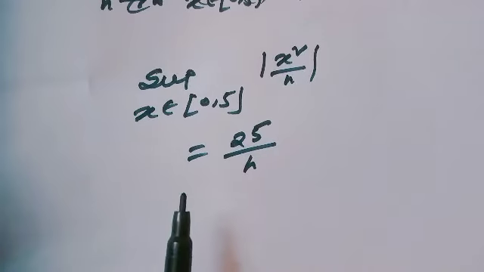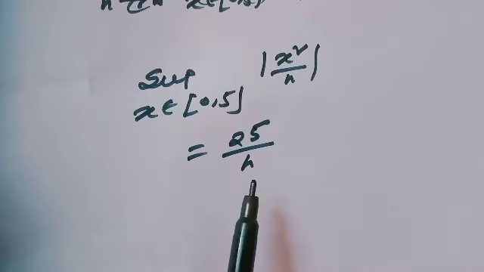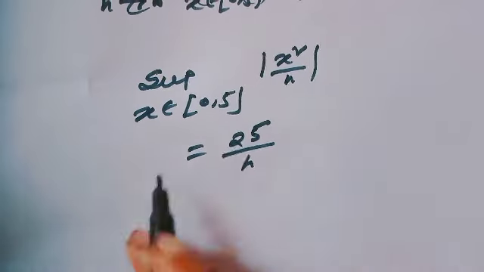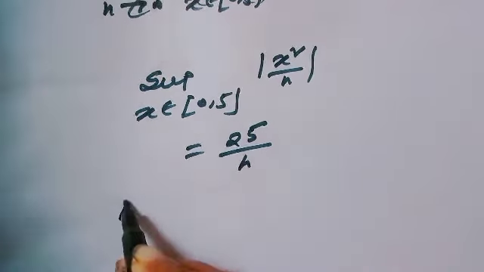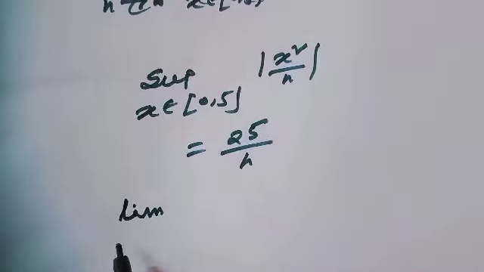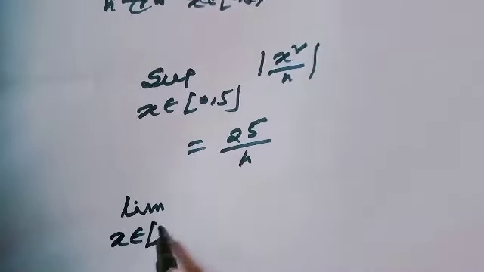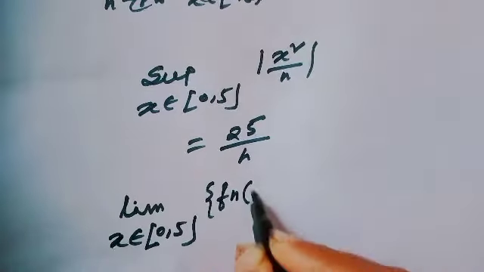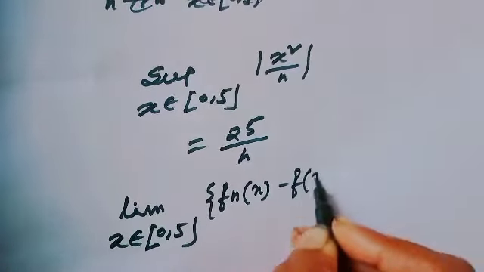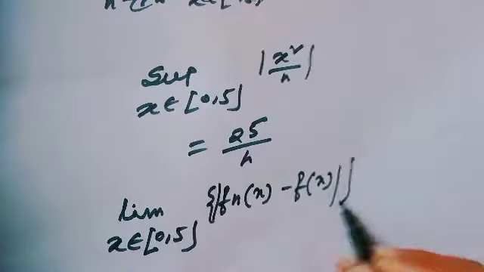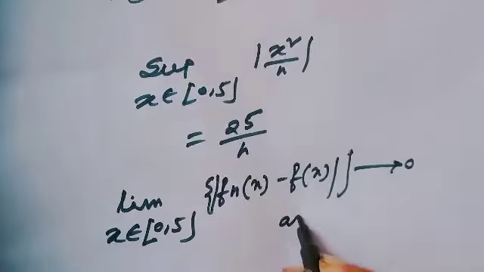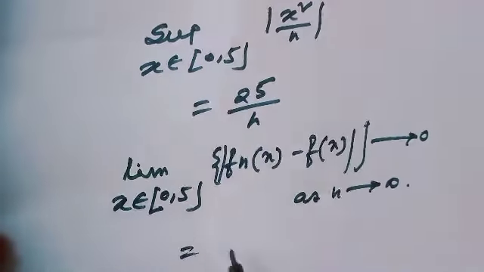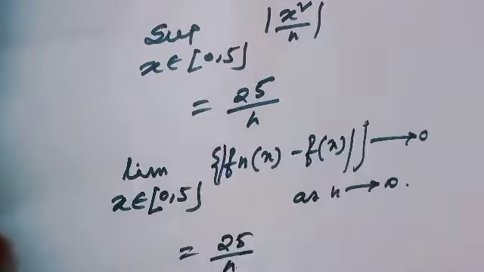Now we have to find this limit tends to 0 for uniform convergence. That means we have to find the limit of the supremum over x belonging to A, here A is [0, 5], of |fn(x) minus f(x)|, which tends to 0 as n tends to infinity, and obviously this value equals 25 over n.